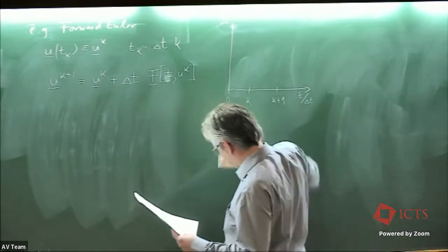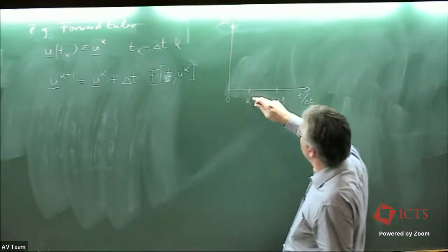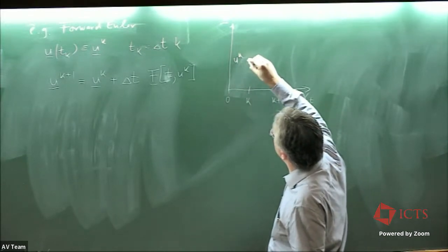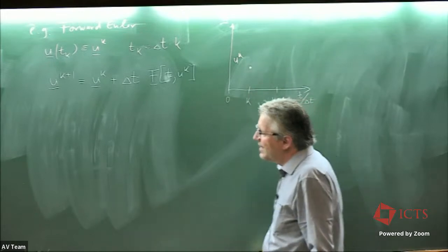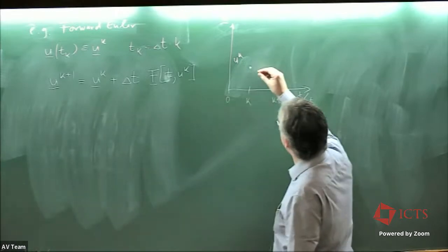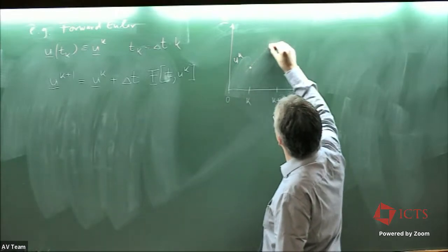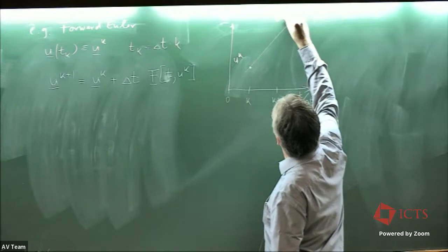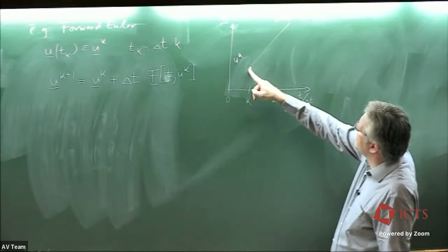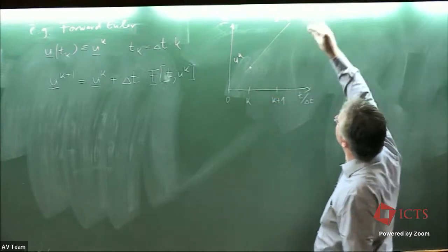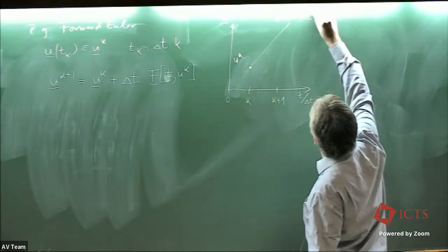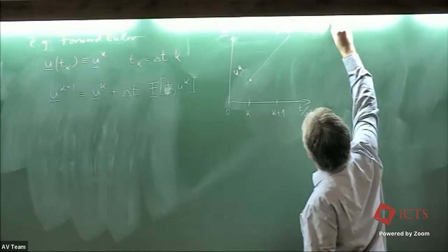And so at uk, you have a certain value here, and this would be uk. And now the f is the time derivative of u. So the f tells us what the slope is when I'm evaluating at this point uk, f of t comma uk.